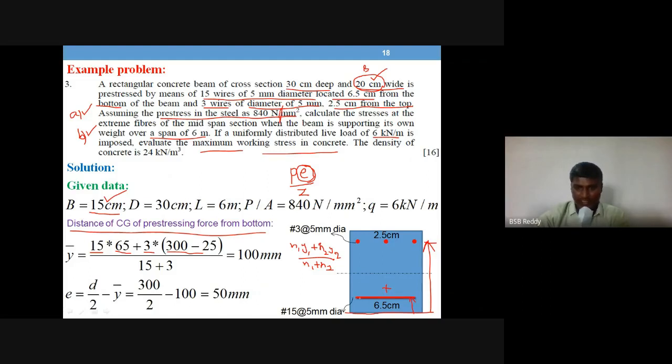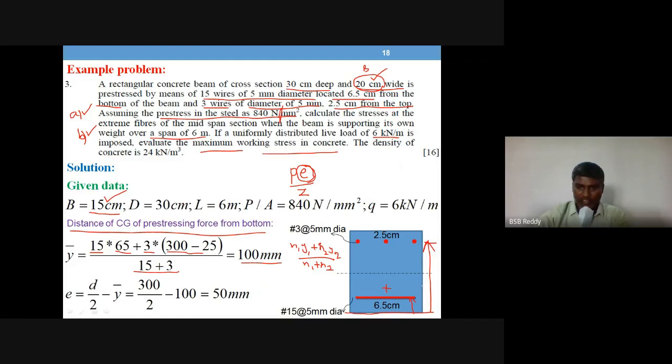So this red line indicates here there are 15 number of bars along this line. Instead of putting 15 dots, I've just drawn a red colored line which indicates the 15 number of bars. Okay, right. So divided by N1 plus N2, which worked out to be 100 mm.